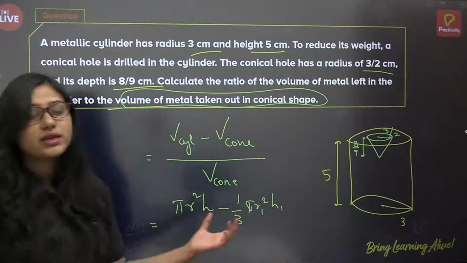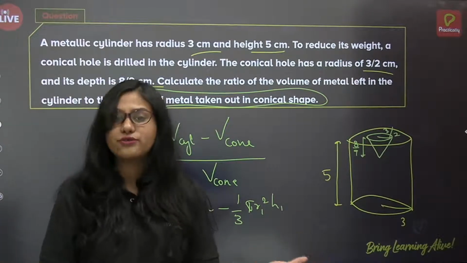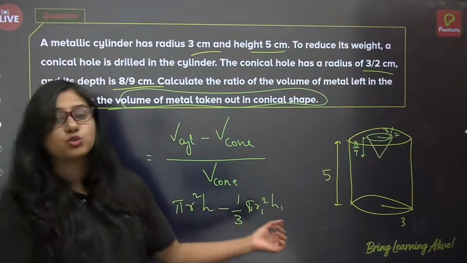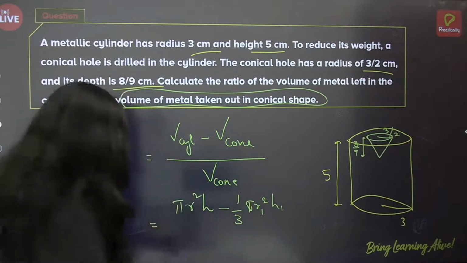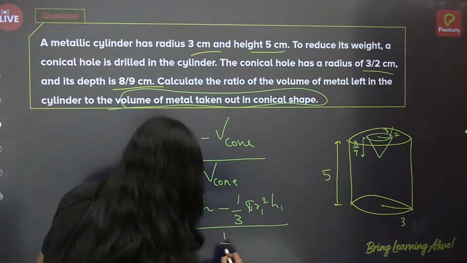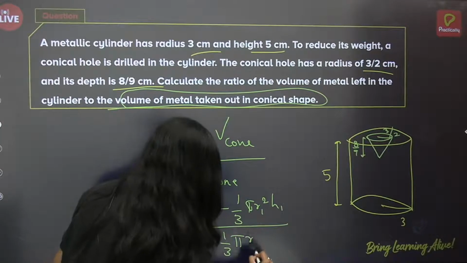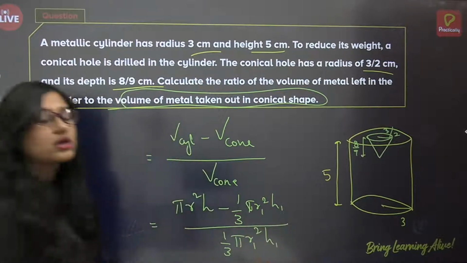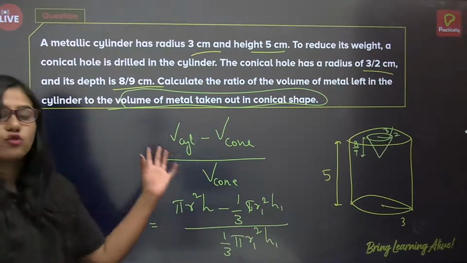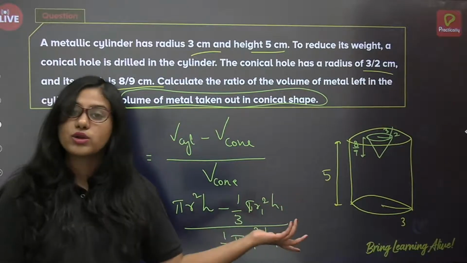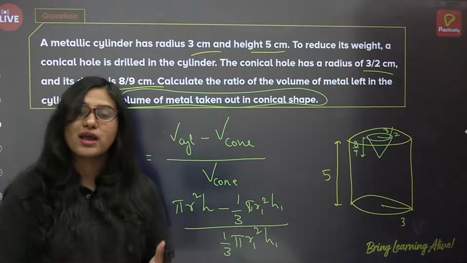Because the radius and height of cylinder and cone are different, let us take R1 and H1 to be the radius and height of the cone, all over 1 by 3 pi R1 square H1. We know the radius and height of both, so we can substitute the values and get the answer.